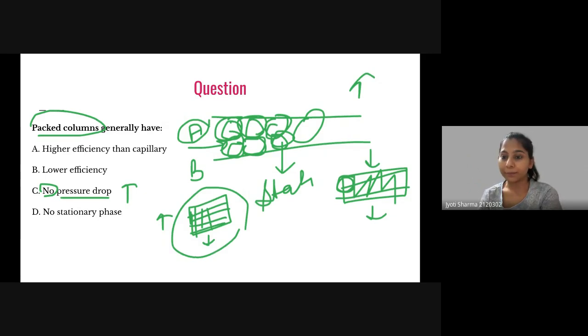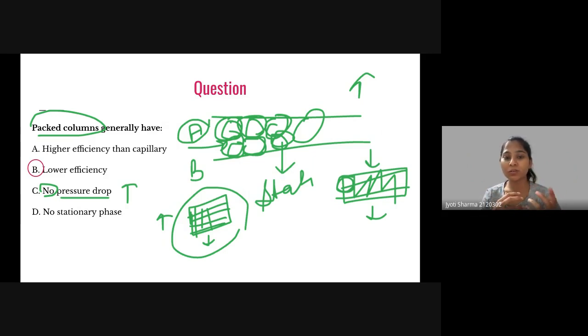Yeah, I got the A answer. Or actually we have lower efficiency. I will explain why we have lower efficiency than capillary. Because the capillary length is very high, the efficiency will increase for the capillary in comparison to the packed one, right? And here, because there is a high to moderate pressure drop, it will not help you much.